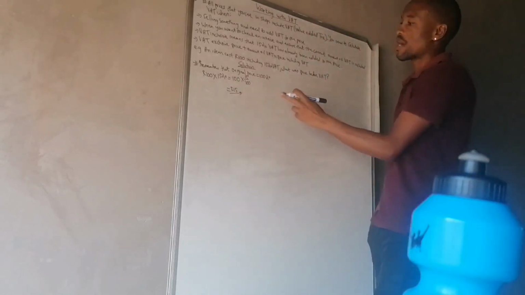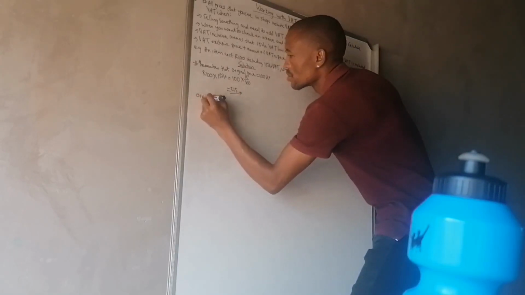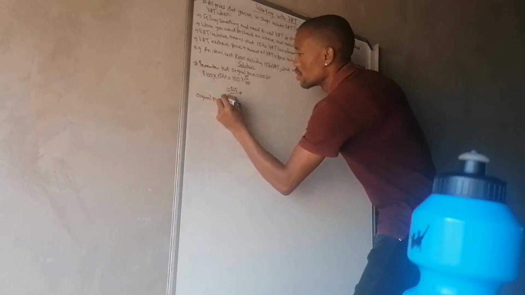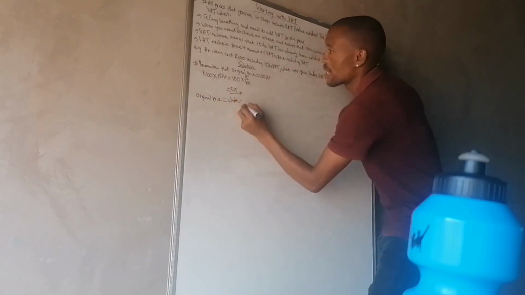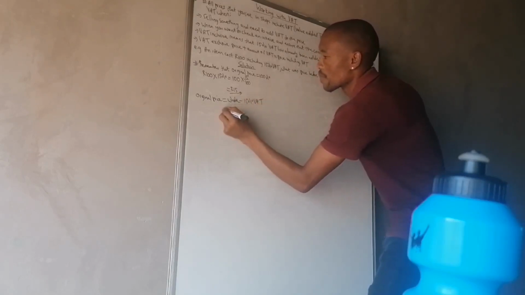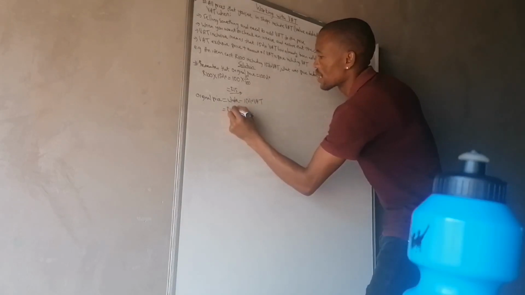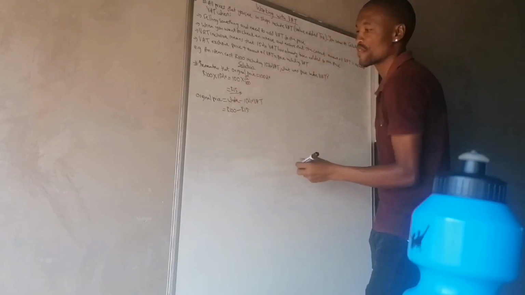Then, for the original price before VAT, the whole 100 rand minus the 15% VAT, which is 15 rand.